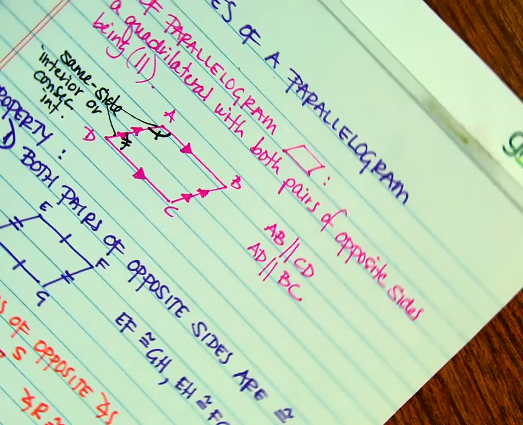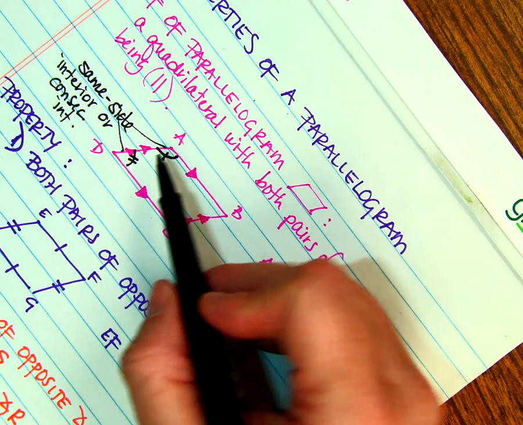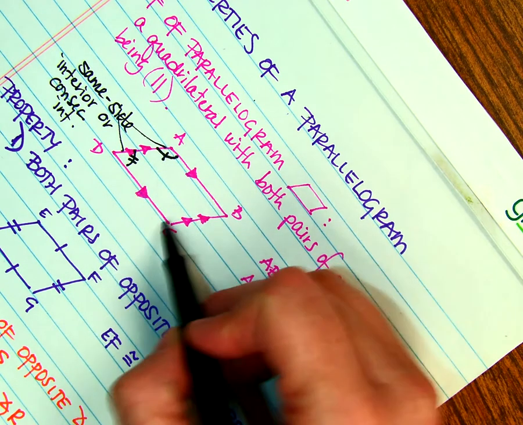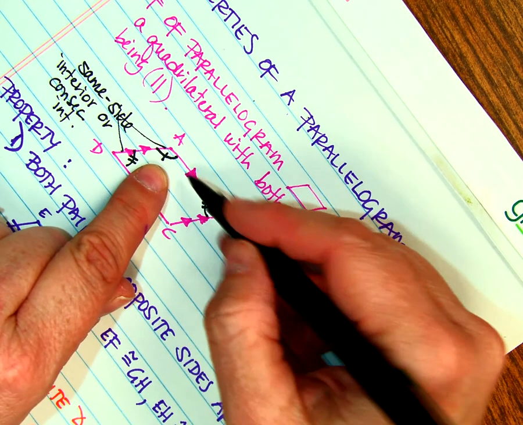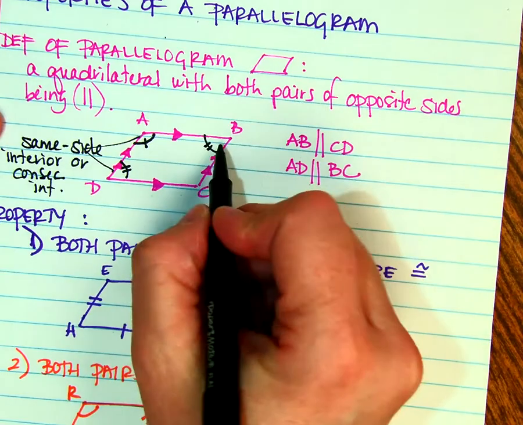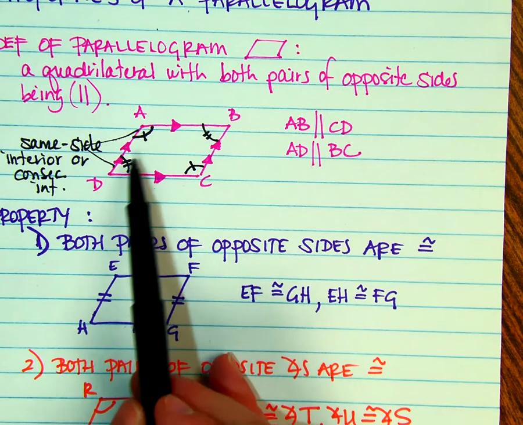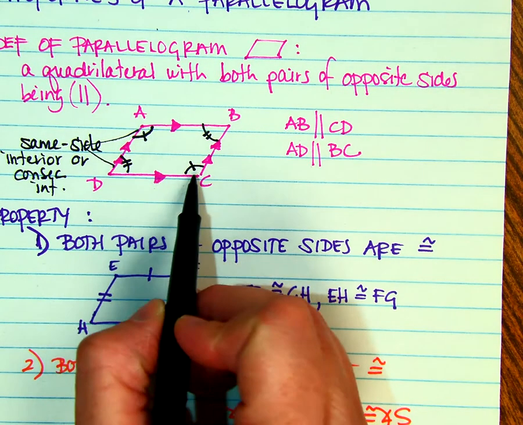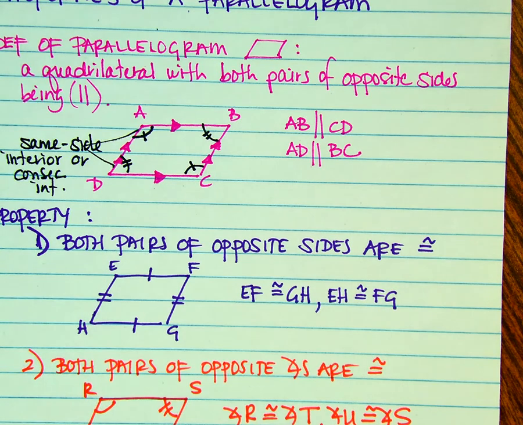But don't forget you have these parallel lines as well. And based off of another one, I have this parallel line and this one. So now A and B are also a pair of same side interior or consecutive interior. Then I can go back and look at angles B and C as well. And then this brings full circle the fact that both pairs of opposite angles have to be congruent.